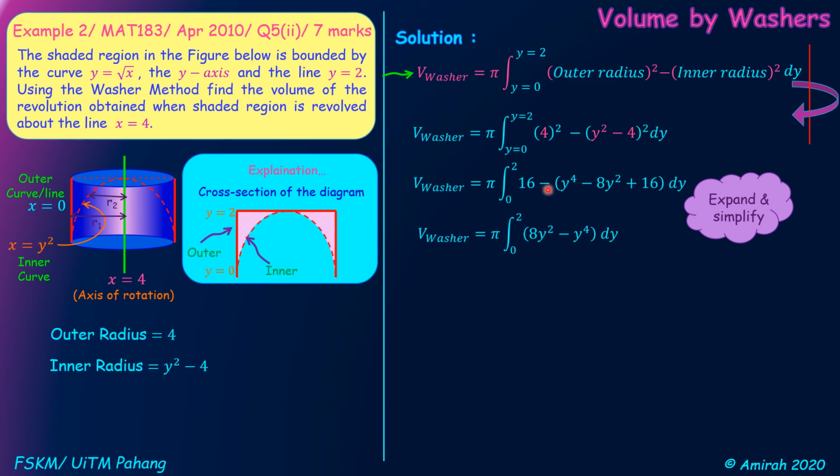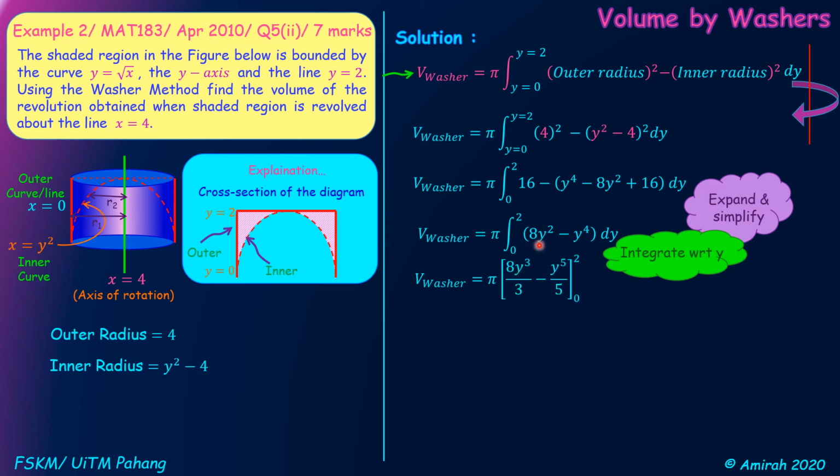Then minus times y to the power of 4, so we get minus y to the power of 4. And then minus minus, we get positive 8y squared. Since this is a positive sign, we can put it in front here, right?